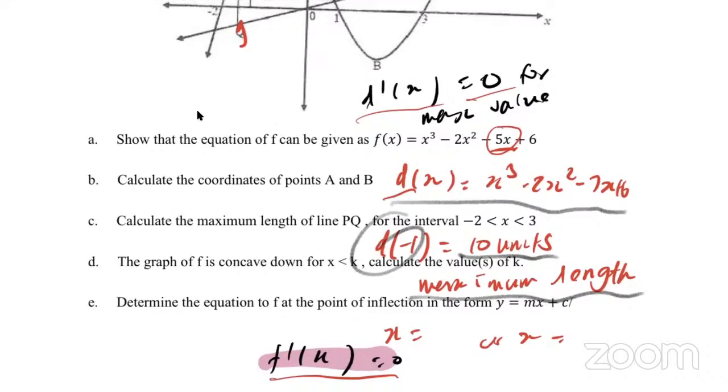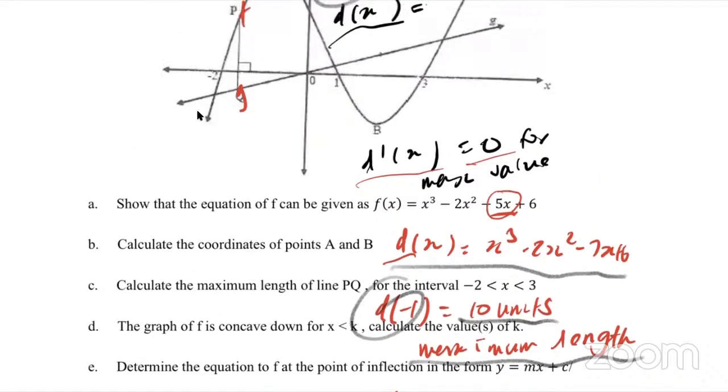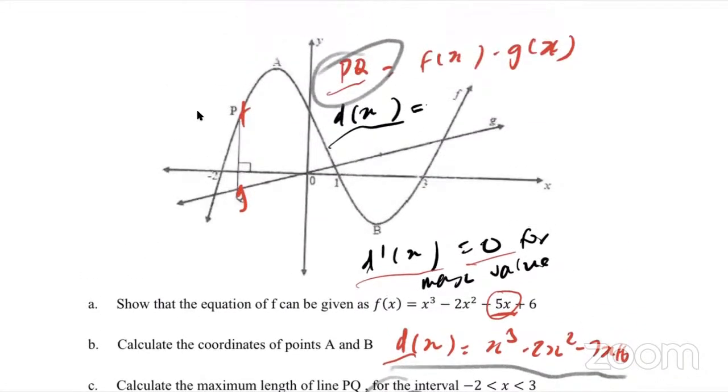When they ask me for the minimum length of a line like that, let's say it's another question, I would first have to subtract one graph from the other, and then once I get that, that'll be another graph itself, but this graph represents the length.